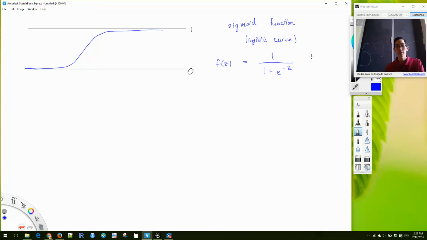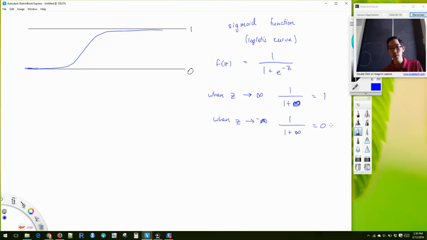Okay, so when z is very, very big, you're going to have 1 over 1 plus 0, so this is 1. And then when z is very negative, you're going to have 1 over 1 plus infinity, and that's going to be 0.